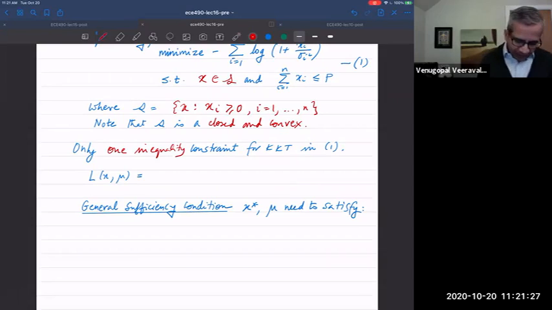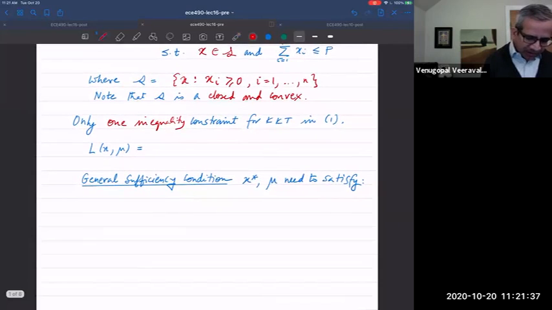Let's look at the Lagrangian corresponding to that single inequality constraint, because I've absorbed all the other stuff into this S, which I've got to deal with separately, using the general sufficiency condition.